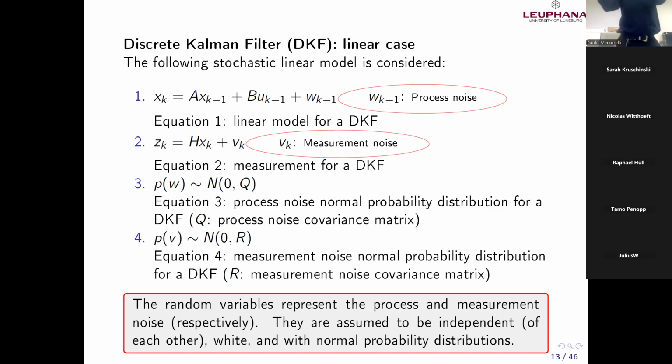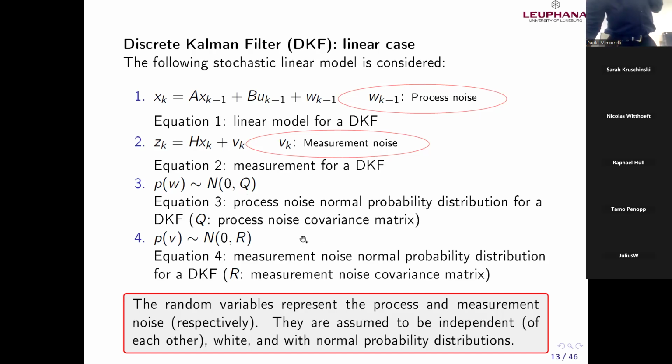I will tell you a little more in the next step, but very shortly because it is mathematically a little complicated. The same consideration can be made for the variable V, the measurement noise, which is again characterized by the normal probability distribution: expected value 0, and covariance R if I have more than one measurement, or variance if I have just one measurement.